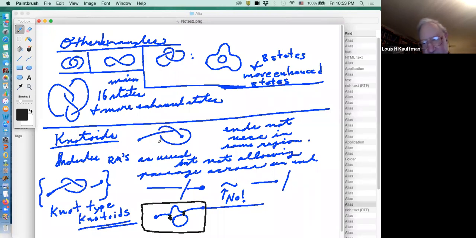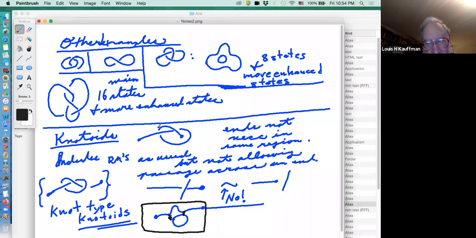We can go ahead and calculate the bracket polynomial for knotoids. I'll do an example in a moment, but I just want to encourage the possibility of doing some examples. Why? Well, because if we do that, then we have more examples that are small. This only has two crossings. It's no worse than the Hopf link.